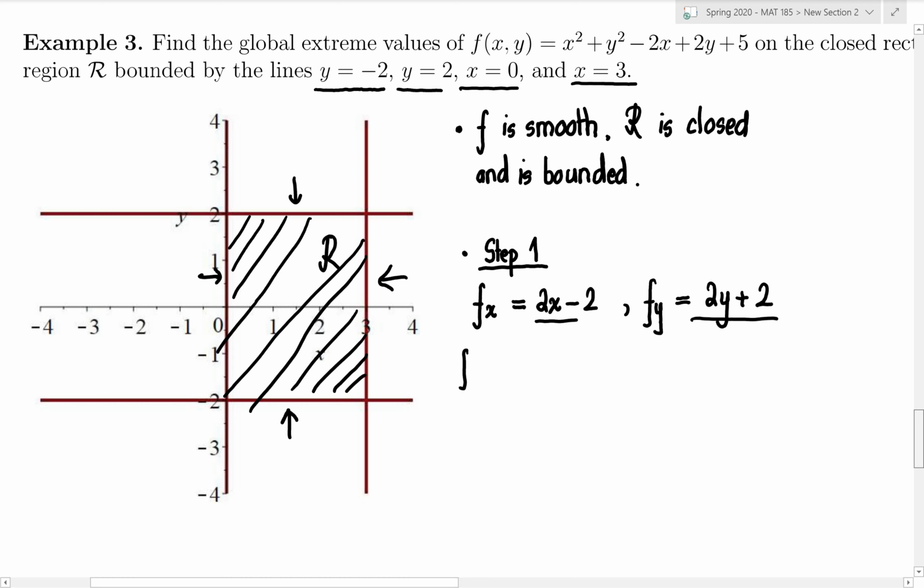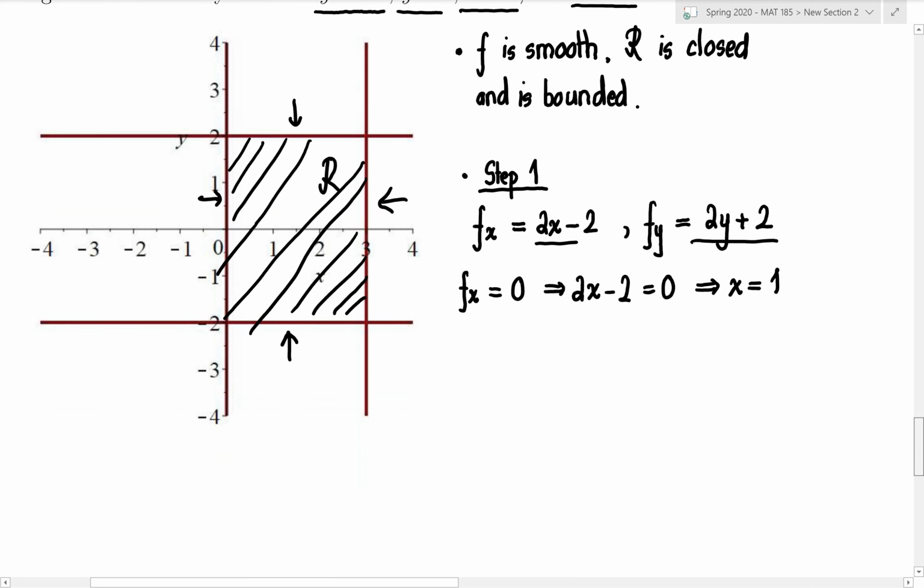Let's look at the partial derivative with respect to x first. Setting fx equals 0, I get 2x minus 2 equals 0, and then x is equal to 1. Next, when we set the partial derivative of f with respect to y equal to 0, we get 2y plus 2 equals 0, which means y is equal to -1.